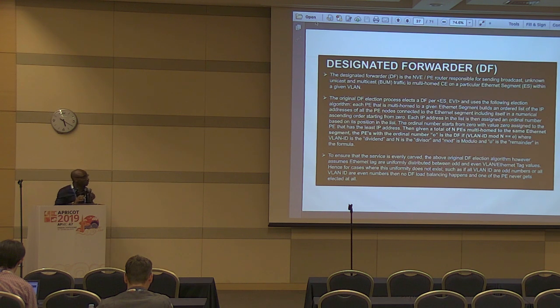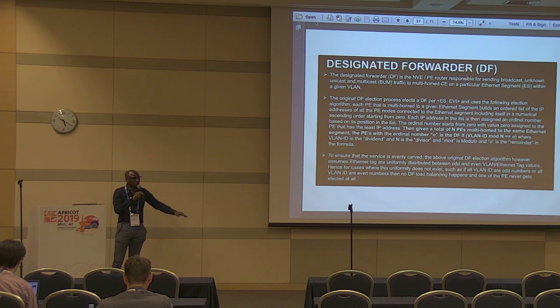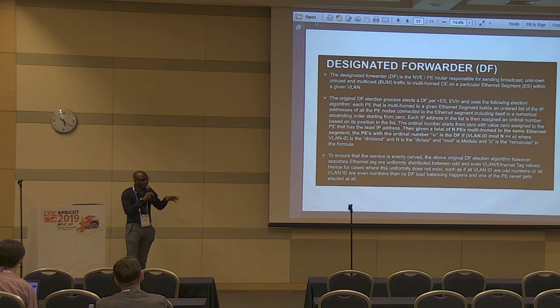Basically, this algorithm was written to achieve what is called service carving. If you have two leaves that are multihomed to a lot of servers or a lot of CEs, without service carving, the lowest IP address leaf will be elected as the DF.